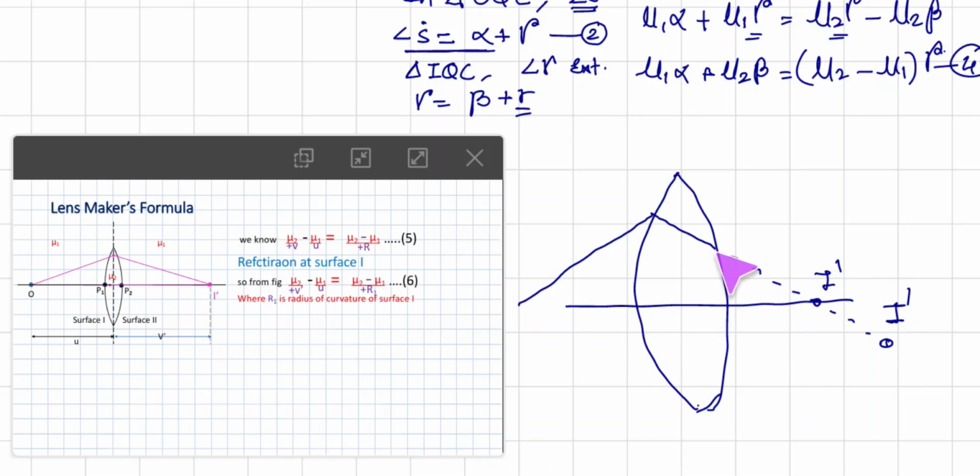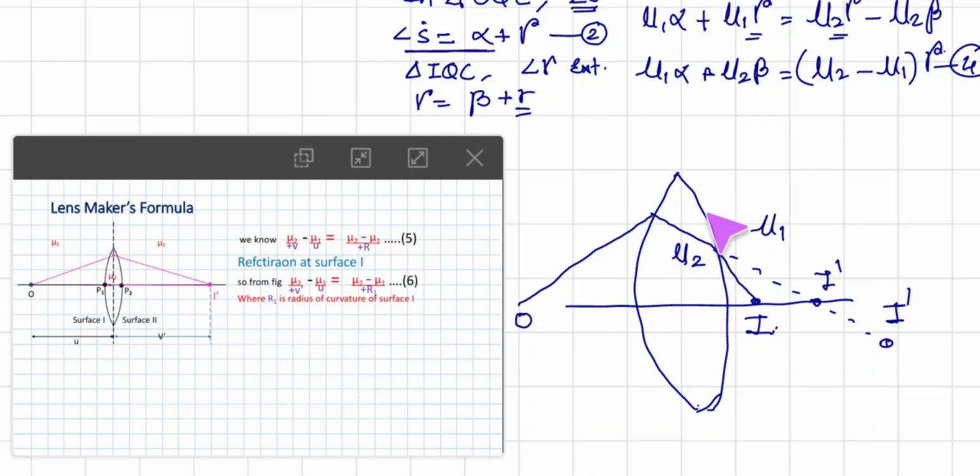But now when the second surface is present, again light travels from mu2 to mu1, and again bending of light takes place, and the final image which we get is here. So remember, our original object O is the object for forming this image I dash.